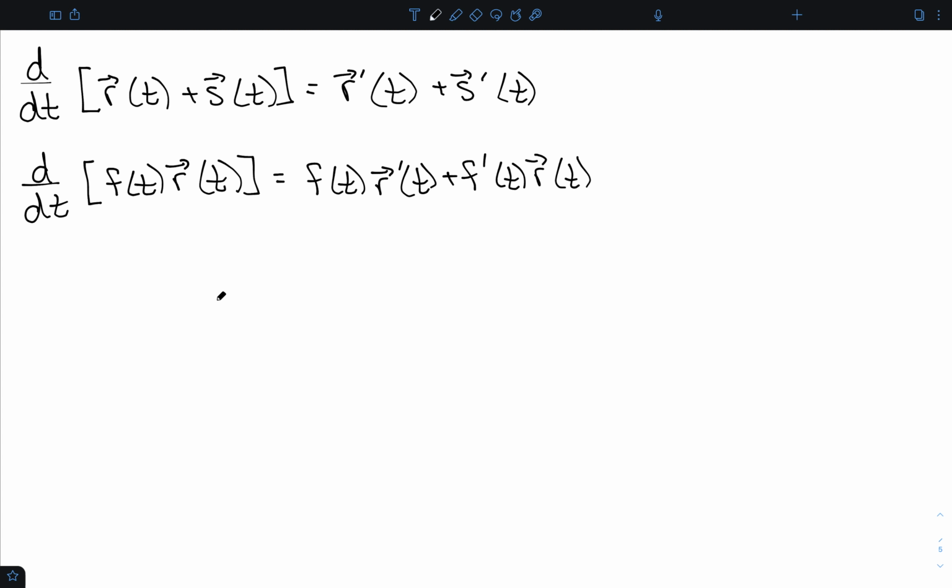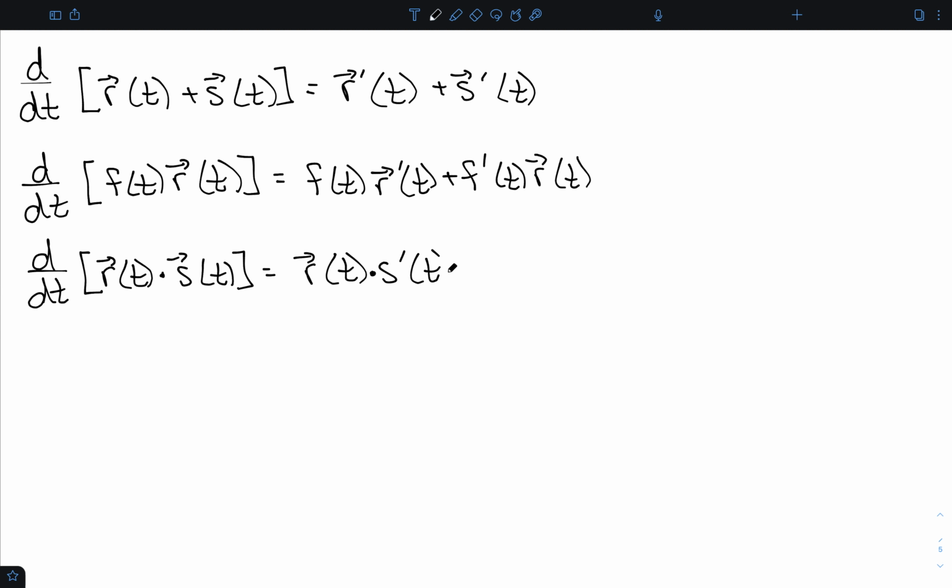Next up, with two vectors, I can take their dot product. So let's see how the derivative affects the dot product. It turns out that taking the derivative of a dot product also satisfies the product rule. So I can do r of t dot s prime of t plus r prime of t dot s of t.